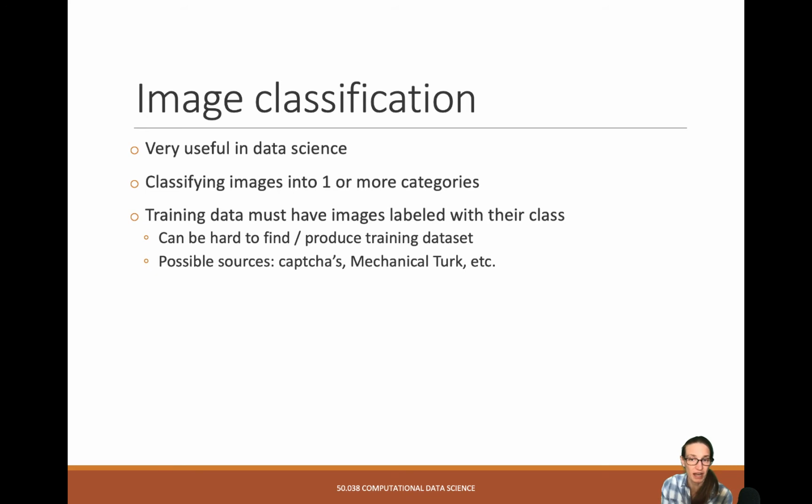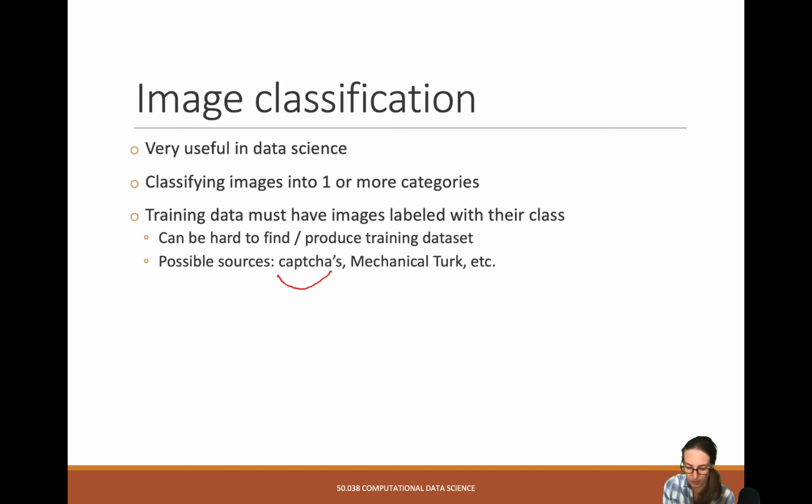So it can be hard to find a data set, but very often people use Mechanical Turk, for instance, which is a paid service by Amazon. There's other alternatives as well, to have volunteers label data. Okay.